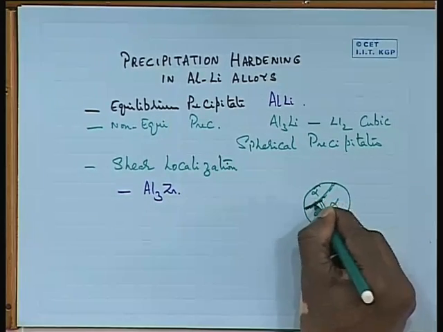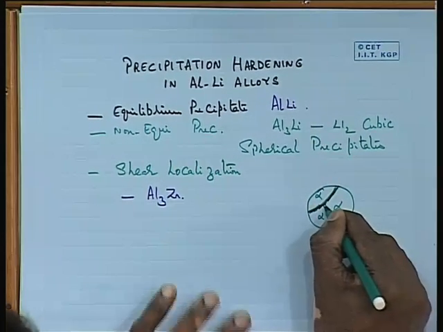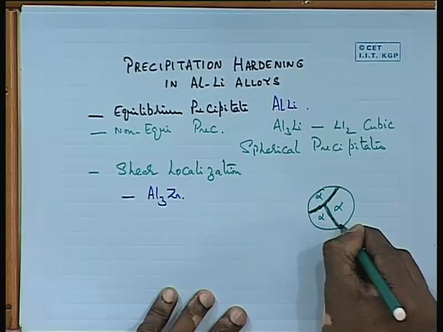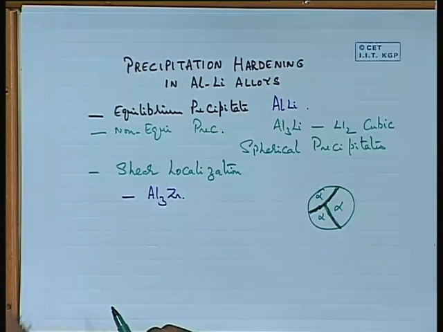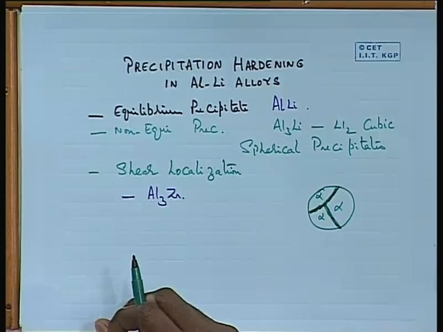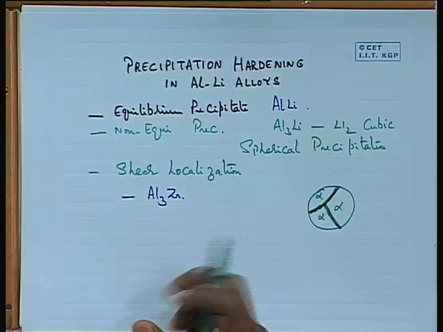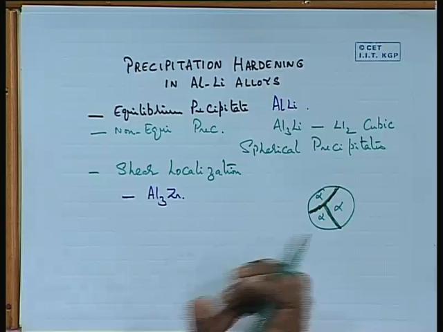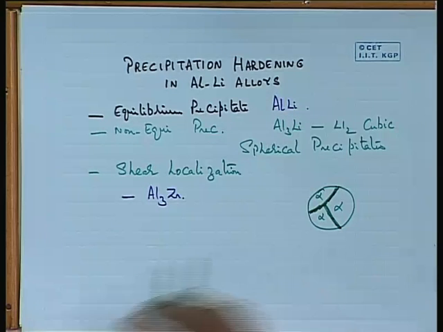So this whole grain boundary is decorated with AlLi. This is a typical problem even in aluminum copper, we all know. If an aluminum 4.5% copper alloy, after solution treatment, is not quenched, if you cool it normally inside the furnace or bring it out into the air and leave it there, what is going to happen?